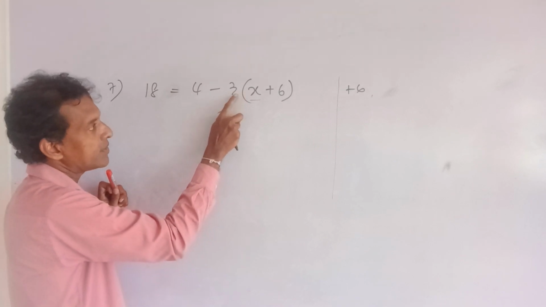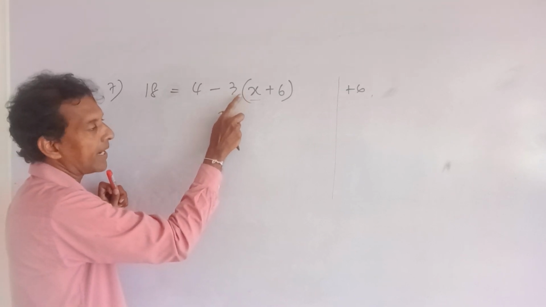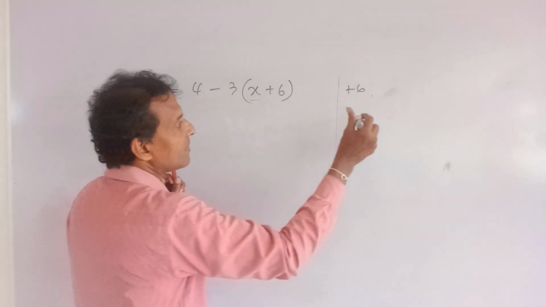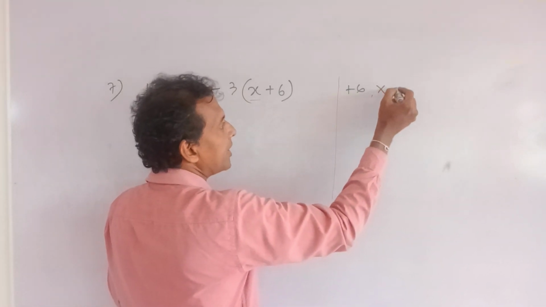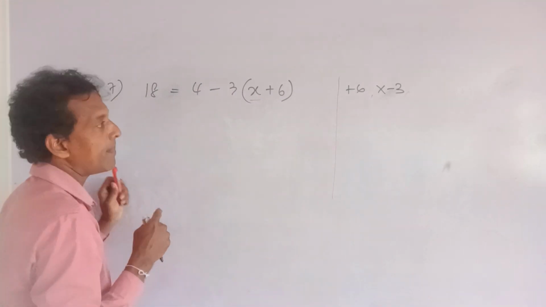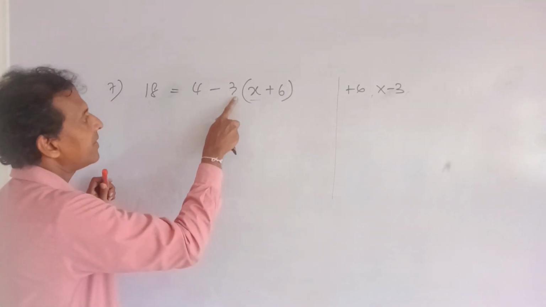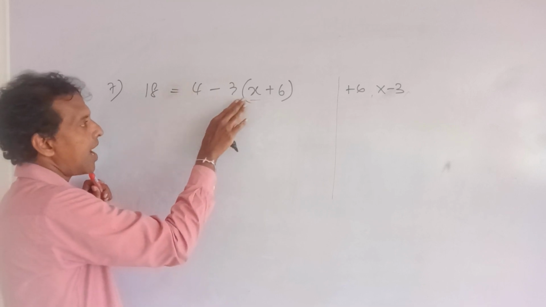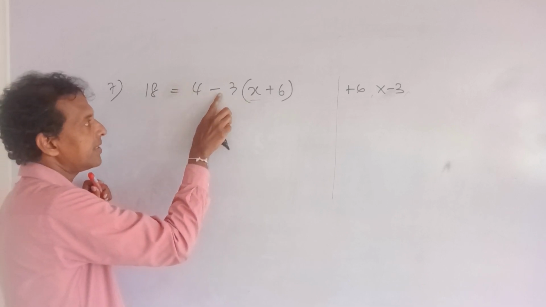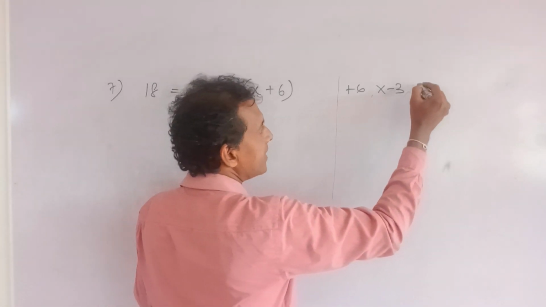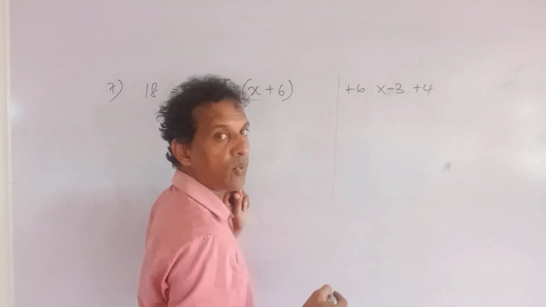You can see there is no sign between 3 and the bracket, that means multiplied. And then 4 is added. After multiplying by minus 3, we have plus 4 here. So the next one is plus 4.